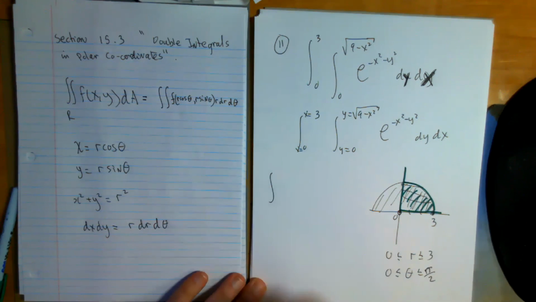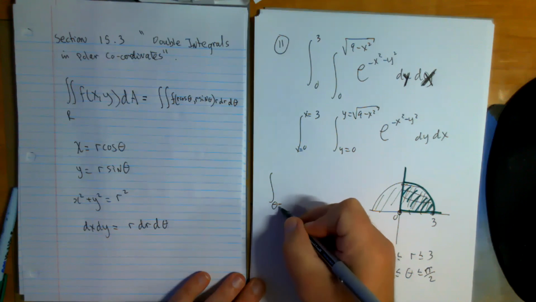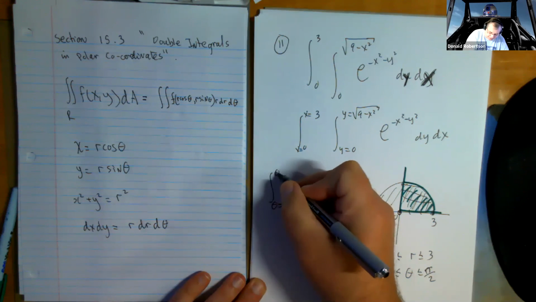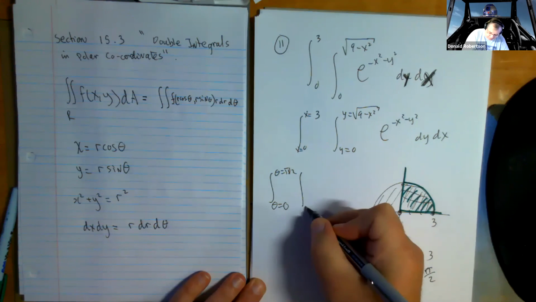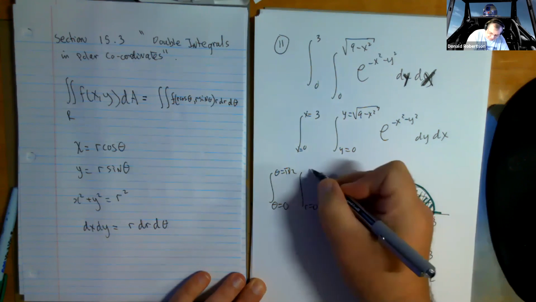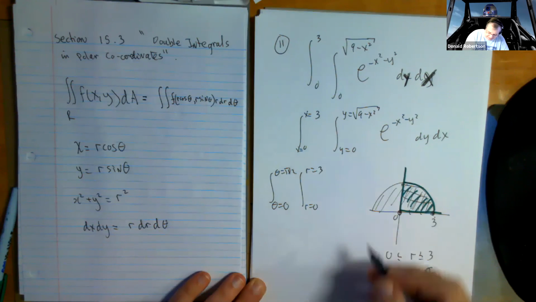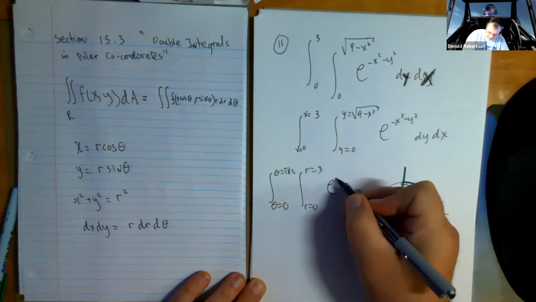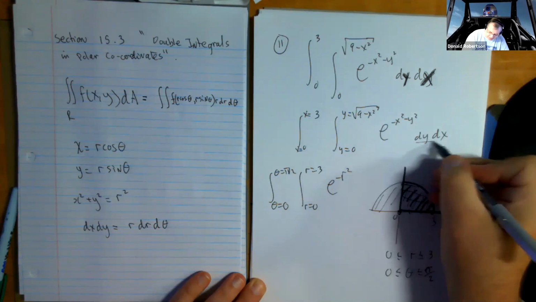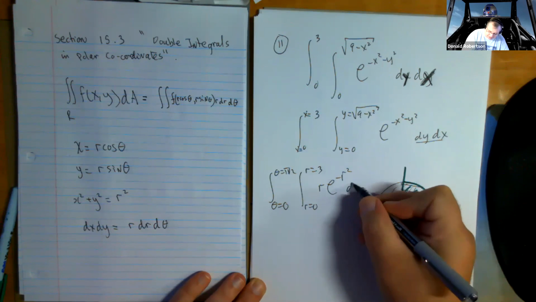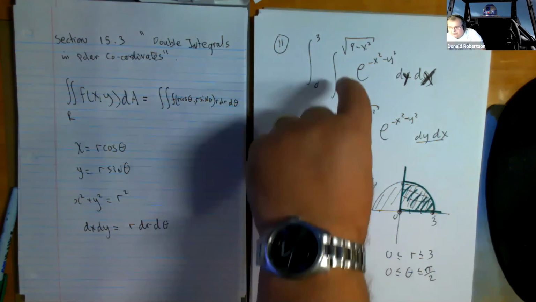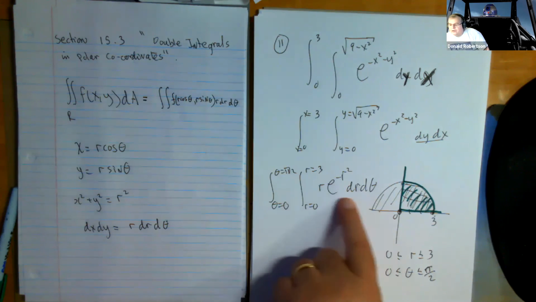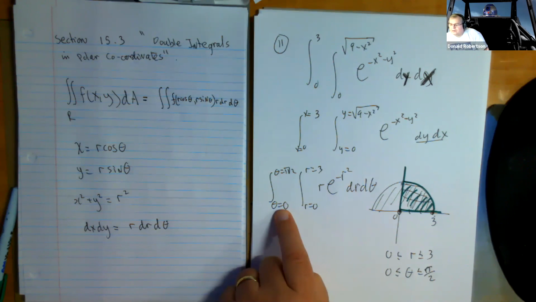So it's going to be theta equals 0 to only pi upon 2, because it's only 1/4 of a circle. The r going from 0 to the radius, which is 3. e to this fella is negative r squared. Won't this become r dr d theta? So this is the original integral. Do you see I've now converted into its polar version?